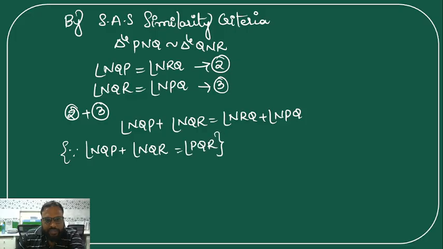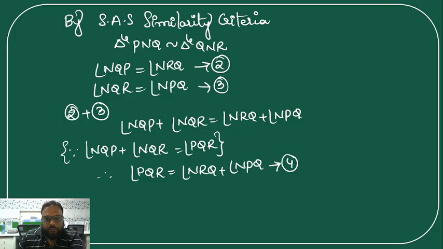So I can substitute here angle PQR. Therefore, I will get angle PQR is equal to angle NRQ plus angle NPQ. We came up to here. Let us name this as equation 4.